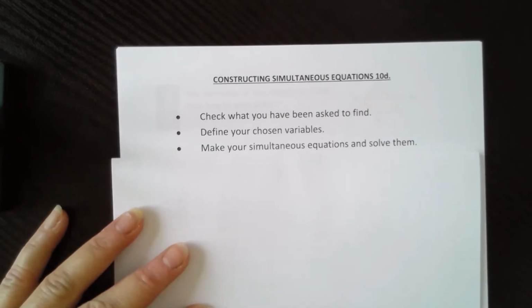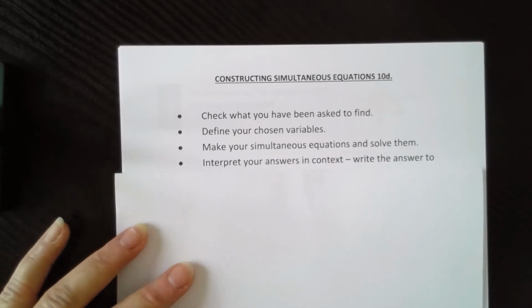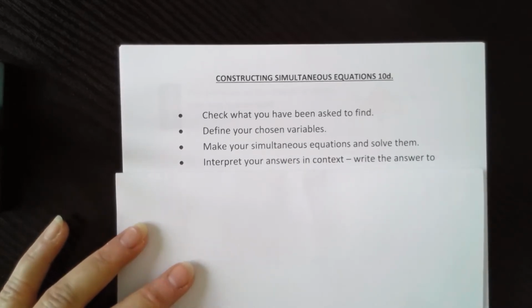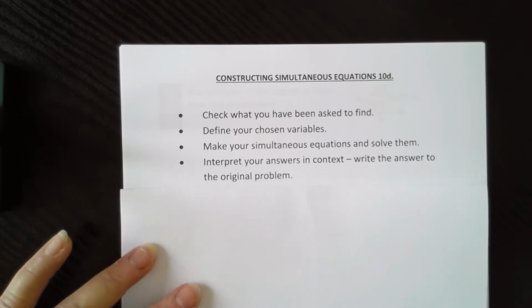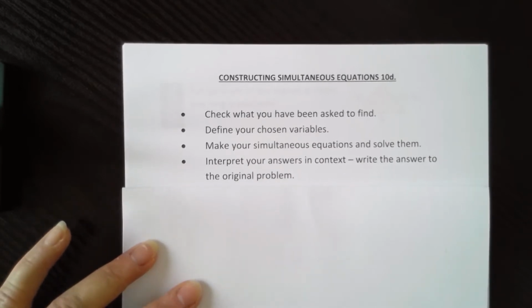When you've done that, make your simultaneous equations, give them the information in the question or the problem, and then solve them. And then once you've got your answers to your simultaneous equations, you haven't quite finished. You should always go back and check what you've been asked to find, and you need to write down your answers. So interpret the answers to your equations in the context of the original problem. So write down a conclusion, basically.